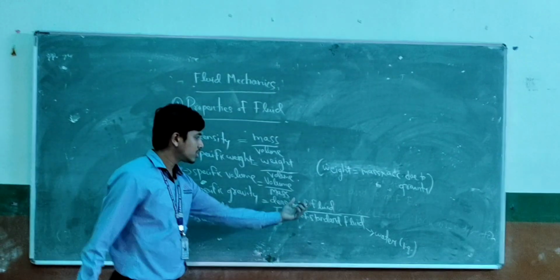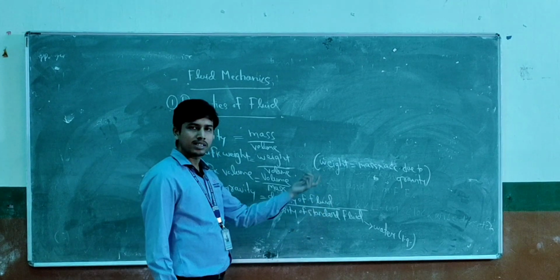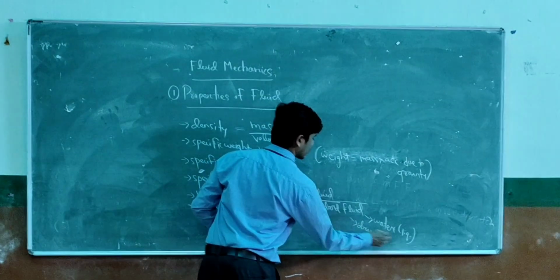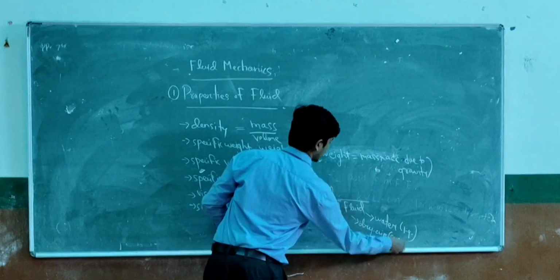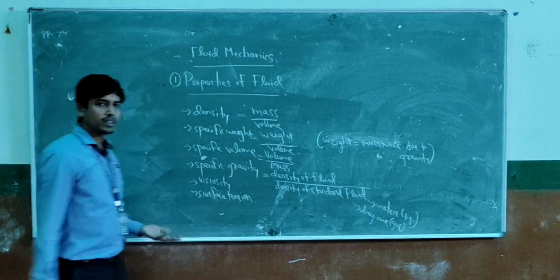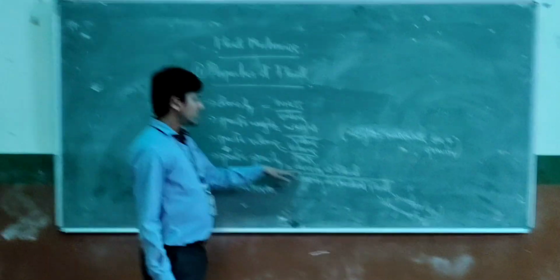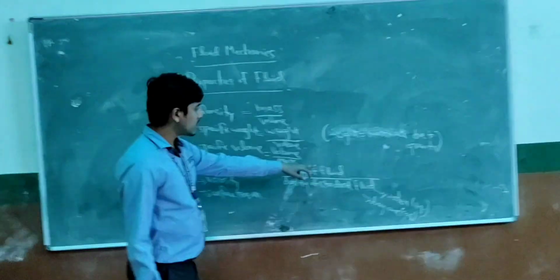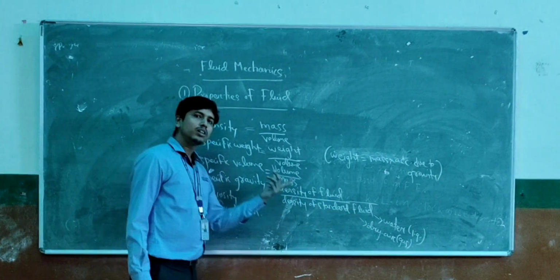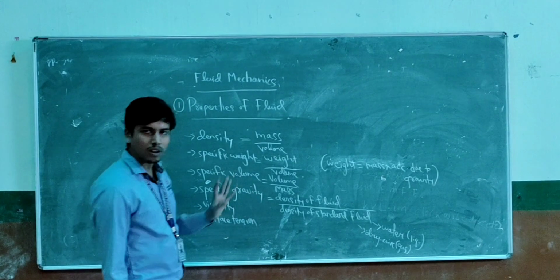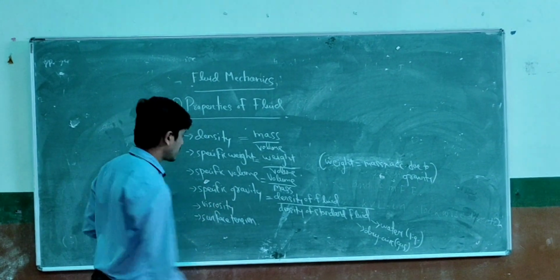If we are using air or any gas here, then the standard fluid is dry air. So according to that, we can use the formula of specific gravity, density of fluid by density of standard fluid. You can also use specific weight by specific weight, which is already present in the notes and books.